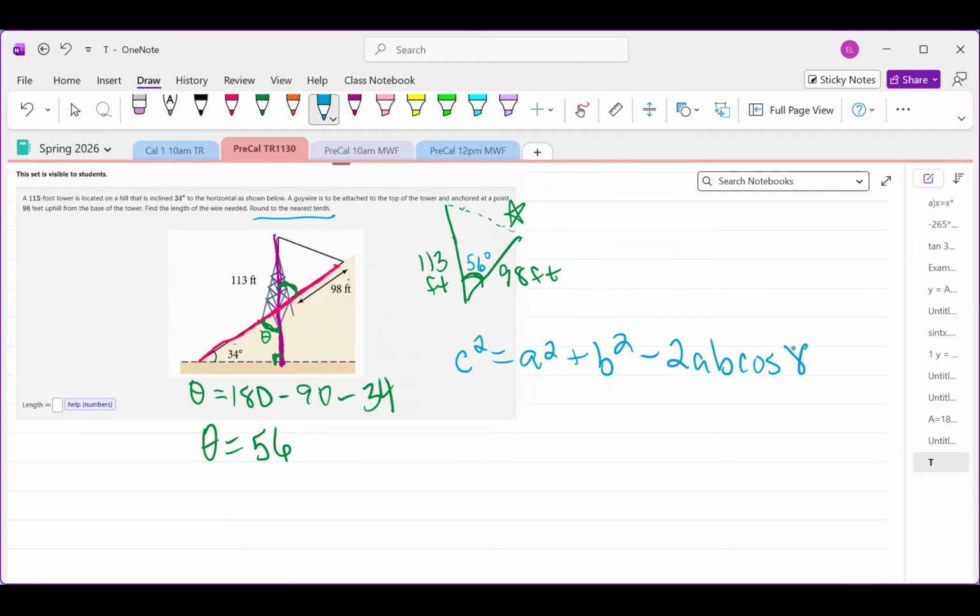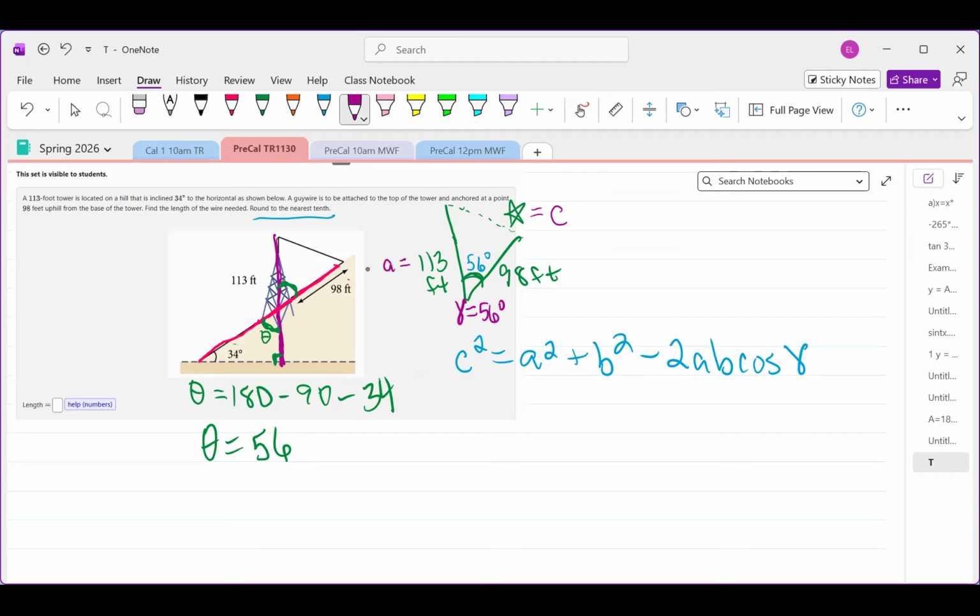So I need to label my triangle so it matches my formula. The angle I know is 56 degrees, so that angle has to be gamma, or we could call it angle capital C. Gamma goes with capital C. So the side we're looking for has to be side C. And that means the 113 and the 98 are A and B. It doesn't matter which one you call A and which one you call B, because the formula works either way.